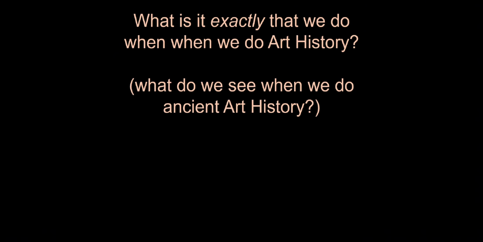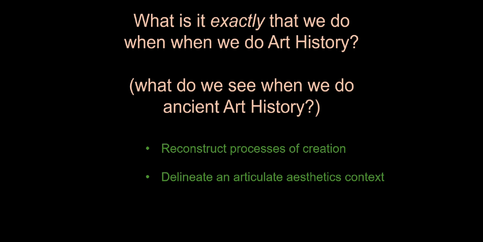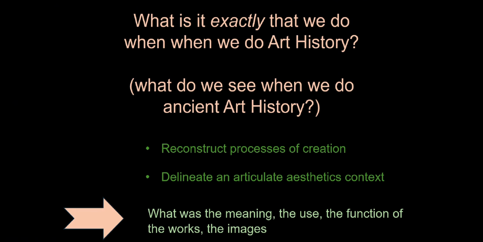What do we see when we do ancient art history? So, what exactly is it that we do when we do ancient art history? We tend to reconstruct processes of creation and to delineate an articulate aesthetic context for the sake of understanding what was the meaning, the use, the function of the works, the images we are working on.